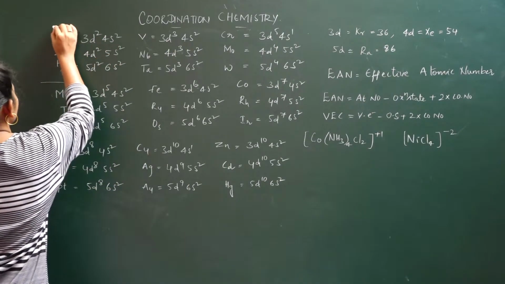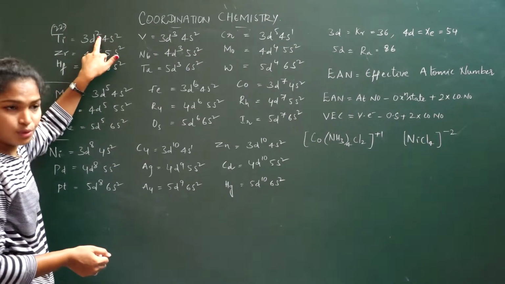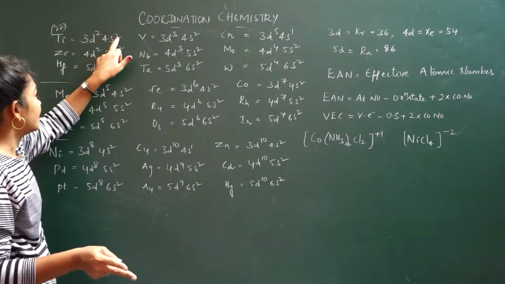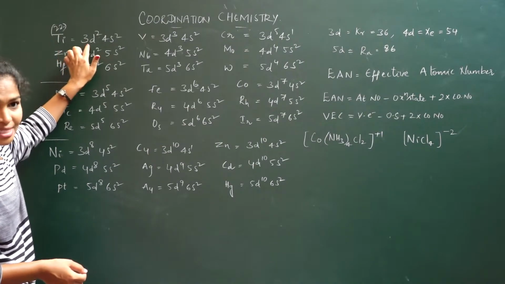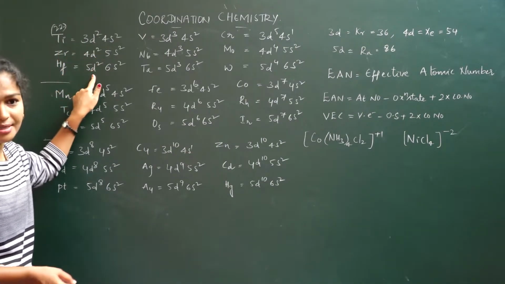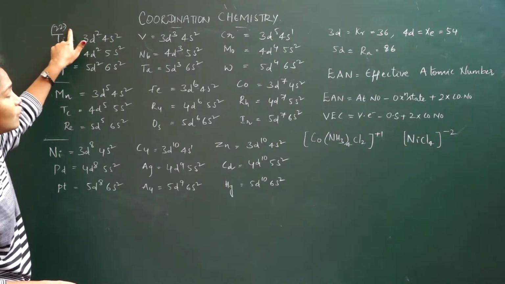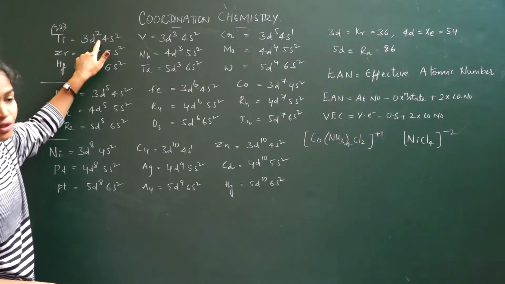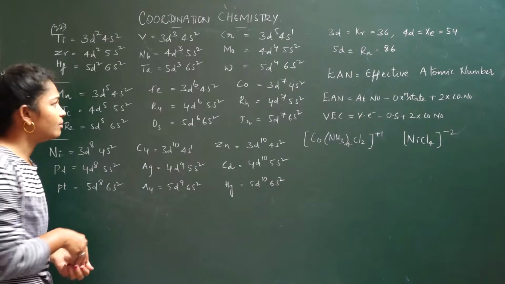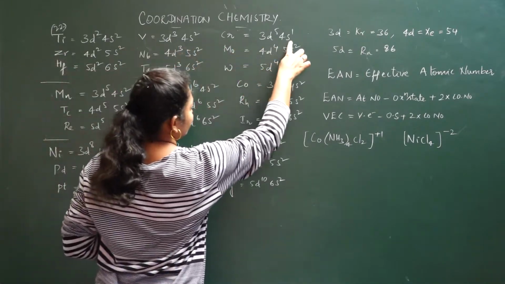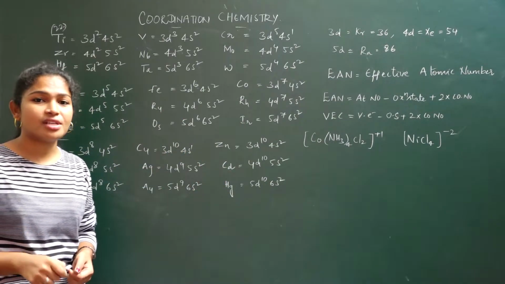Just remember, in d, 2 electrons will be there, and down the group it is the same. This is the 3d series, 4d series, 5d series: titanium, zirconium, hafnium. Titanium has atomic number 22, so 2 electrons in the d and 2 electrons in the s. s2 will be common for all of them, but how many electrons are in d is what is important.